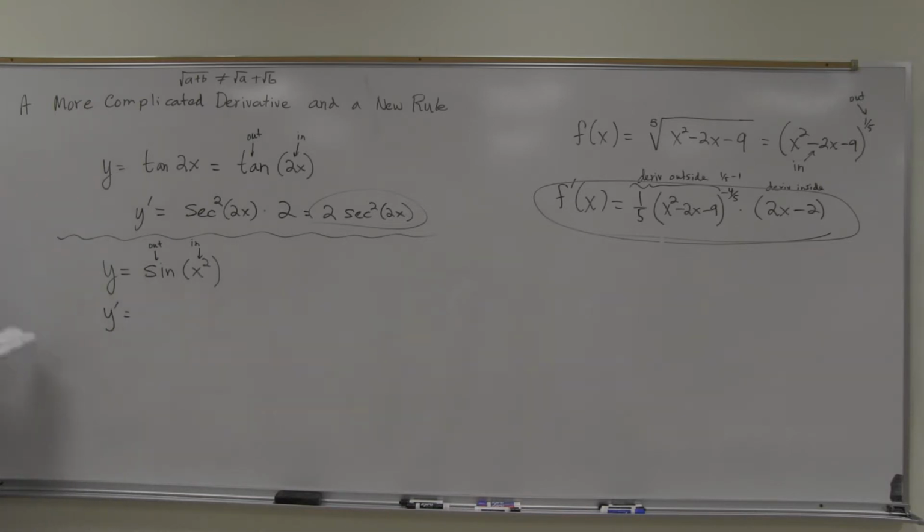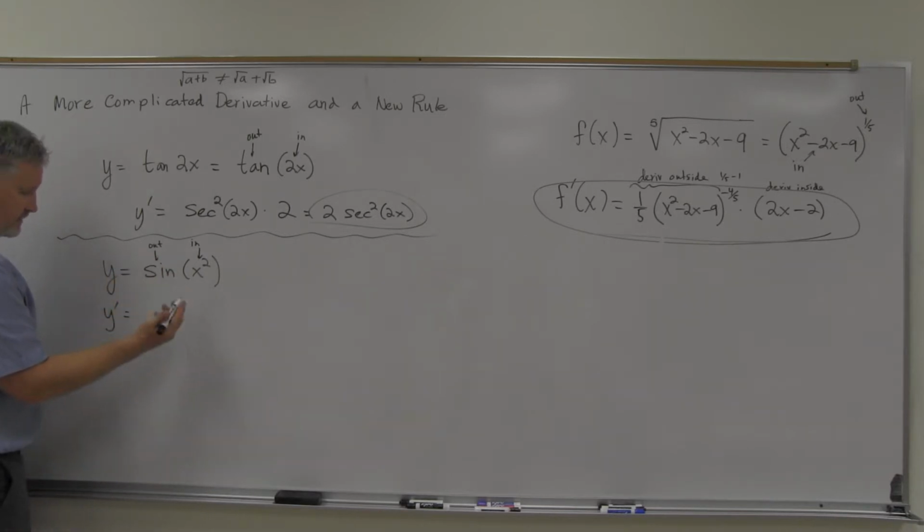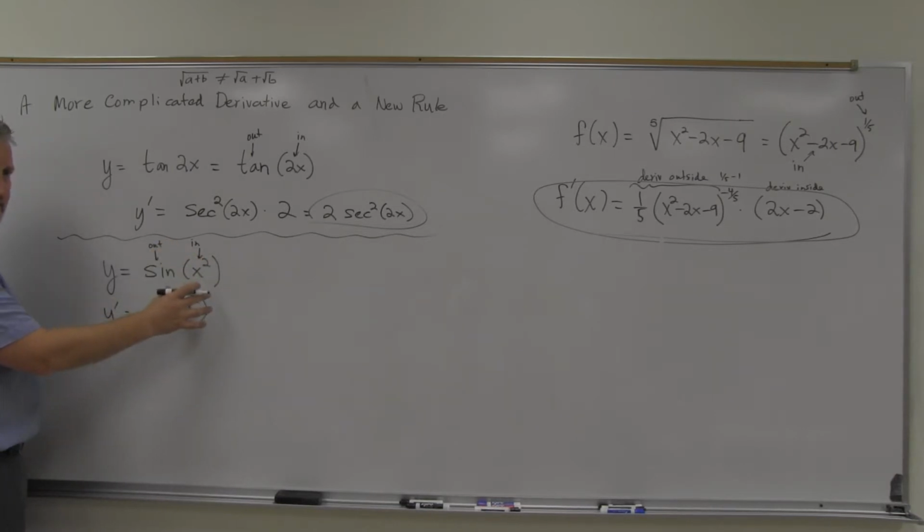So, similar to the one we just had, I do the derivative of the outside, derivative of sine is cosine, inside stays the same, so it's still cosine of x squared. Then I multiply it by the derivative of the inside. The derivative of the inside is x squared, so the derivative is 2x.